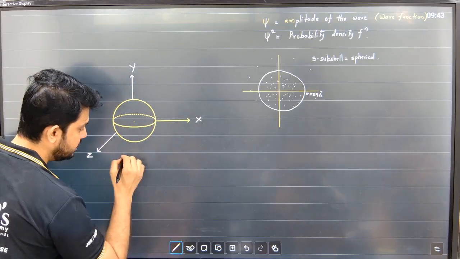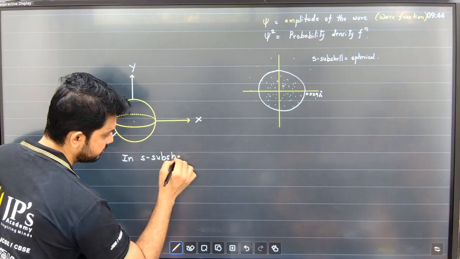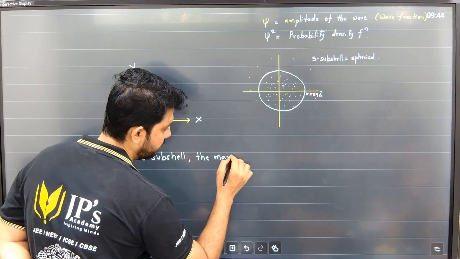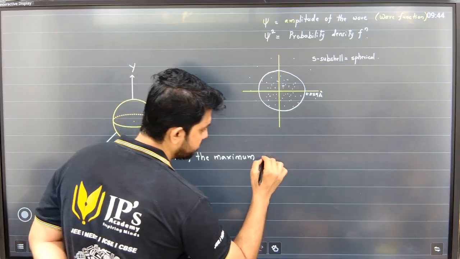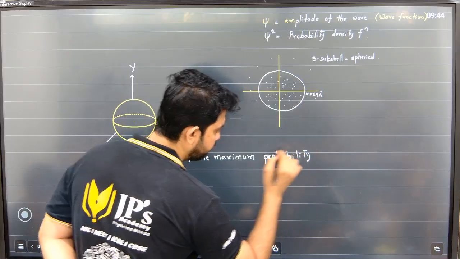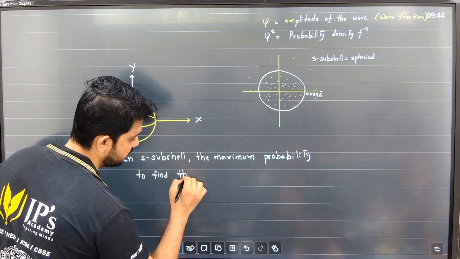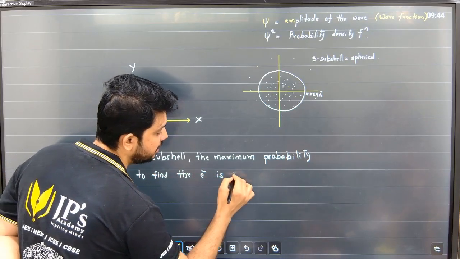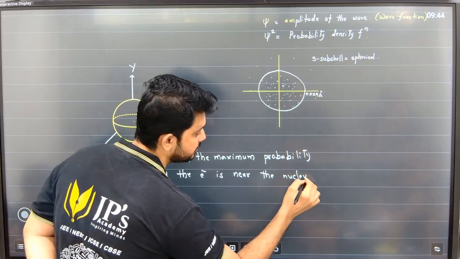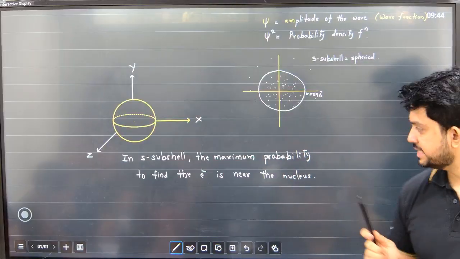Now in S subshell the maximum probability to find the electron is near the nucleus. I repeat, the maximum probability to find the electron is near the nucleus.